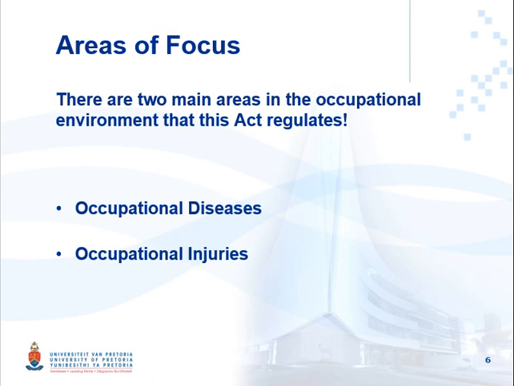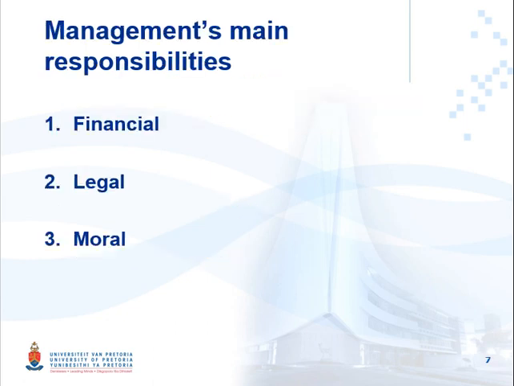So injuries are immediate, happening due to an accident, but diseases come in the long run, and are due to exposure to something or a condition for a long period of time.